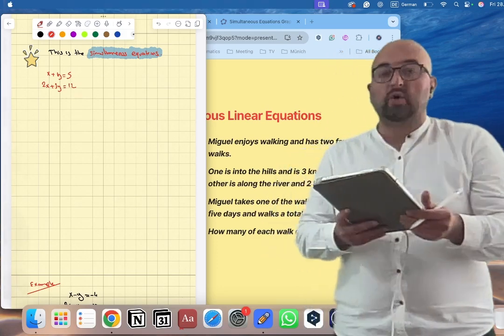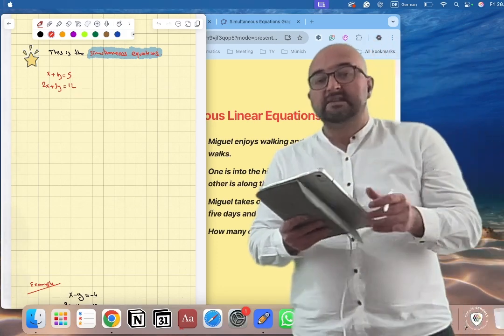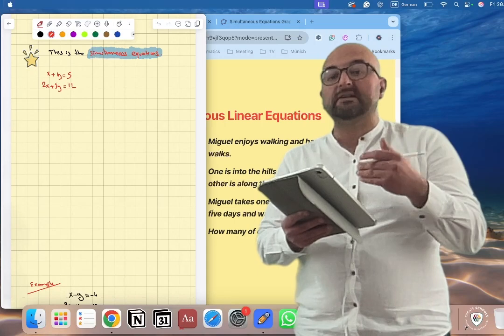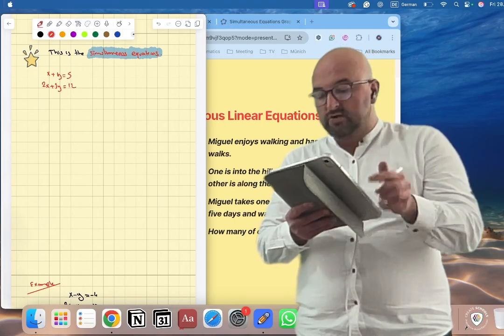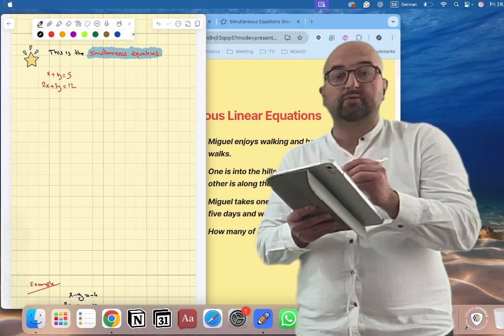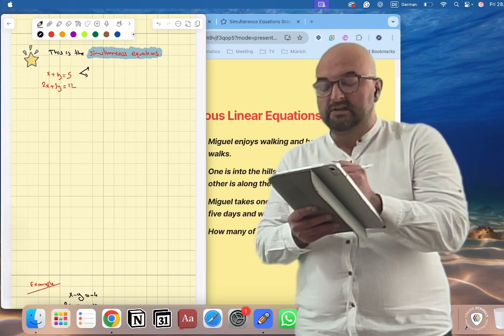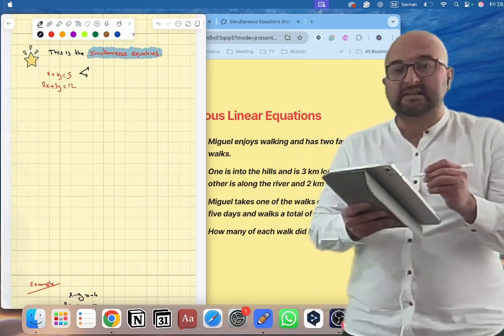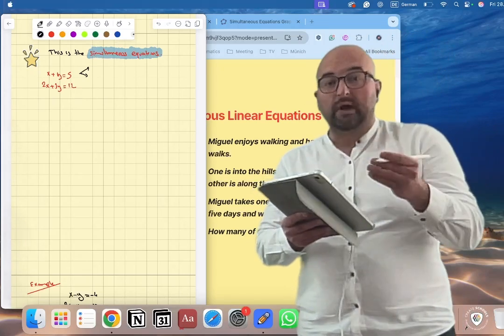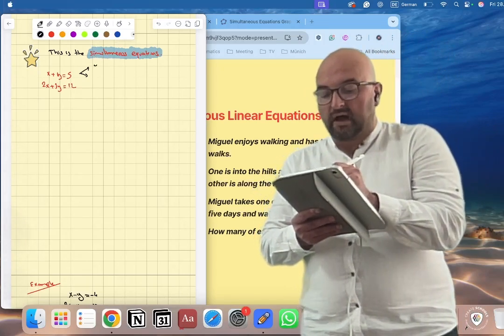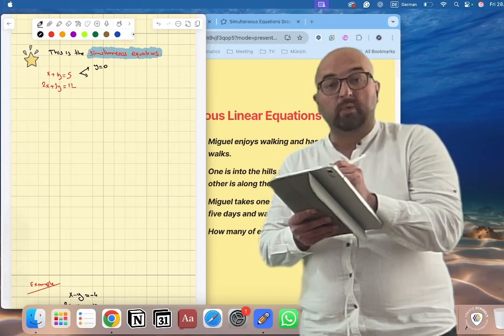So now I will solve these equations simultaneously by using the graphical method. Firstly, I find the x-intercept and y-intercept. As you remember, if you are looking for the x-intercept of an equation, you need to write 0 replacing y.